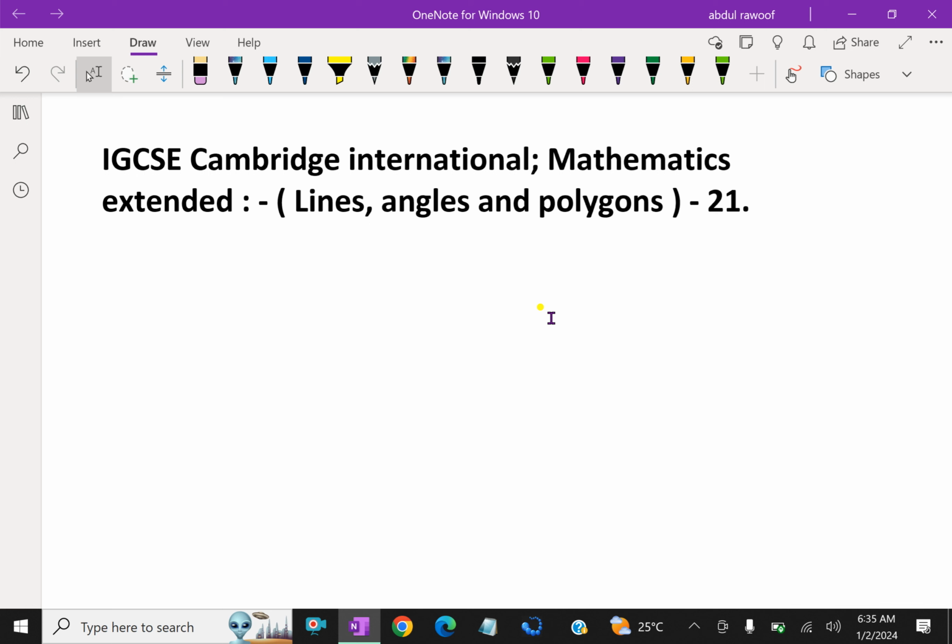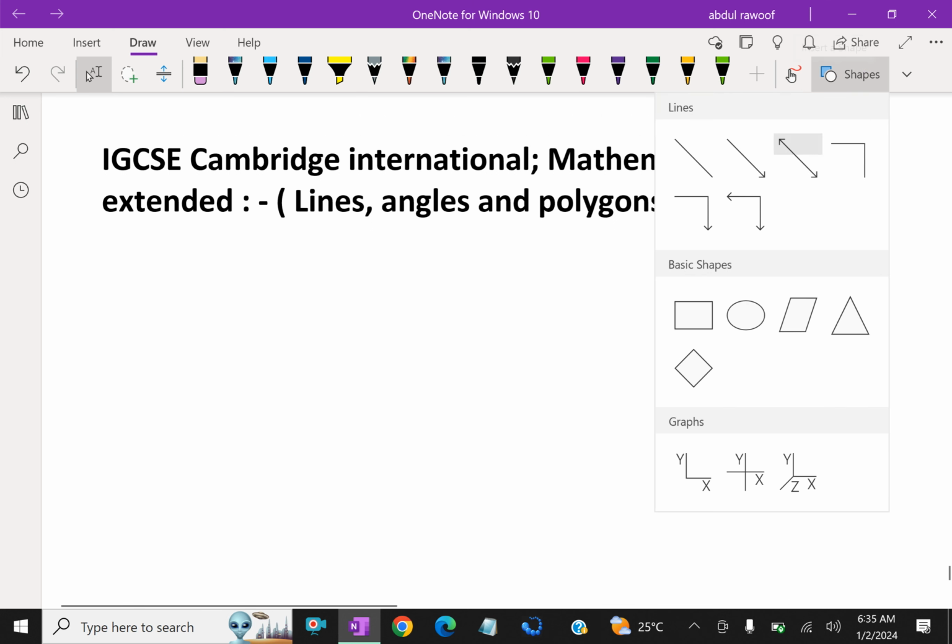Now, next one, what are adjacent angles? Two angles which have the same vertex and share a common arm are called adjacent angles. For example, look at here.